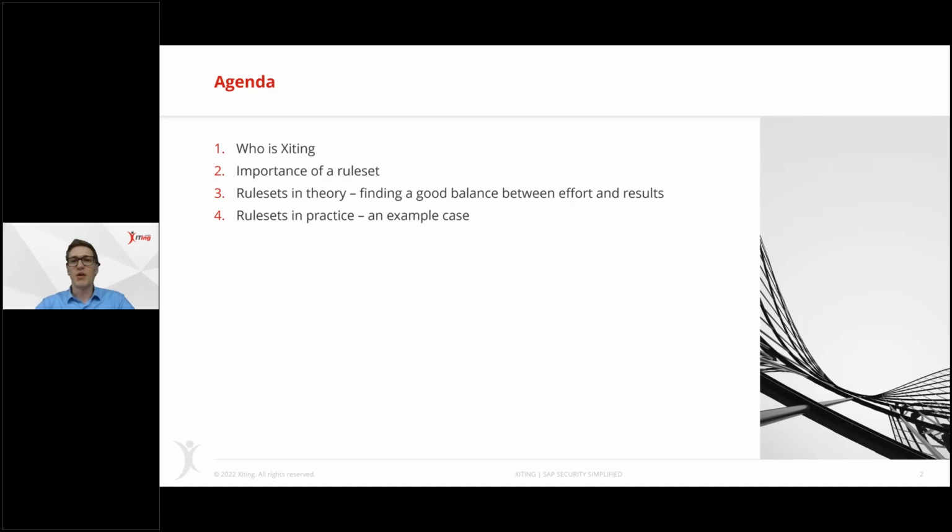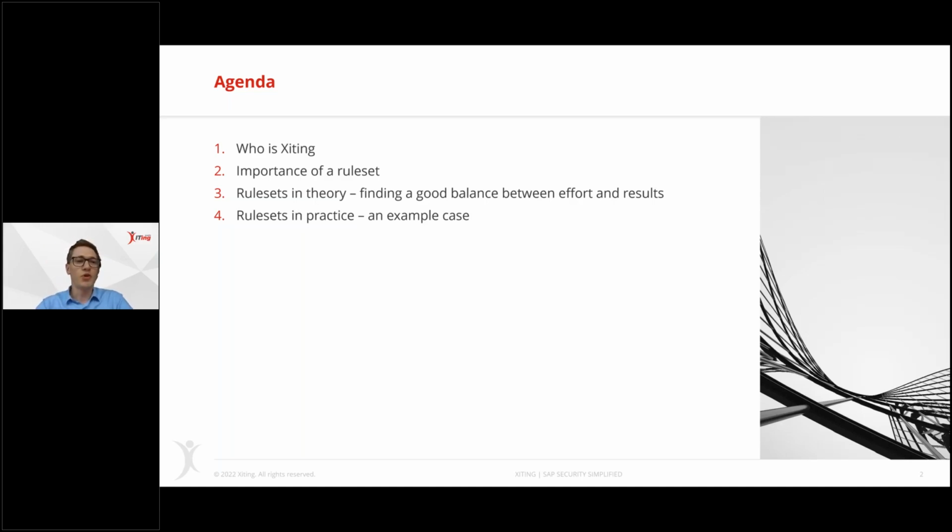I'm emphasizing that one, because we have different perspectives on rule sets, and rule sets are not necessarily just about managing risks in SAP. It can also become an enabler in terms of your processes, to identify certain authorizations and users that are basically allowed to perform some activity or action in the system or not.